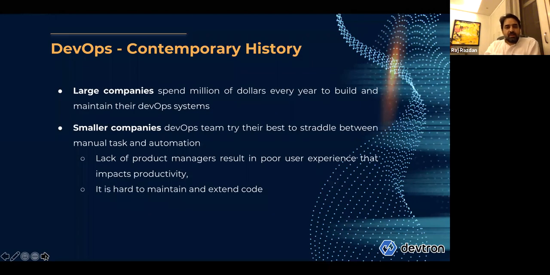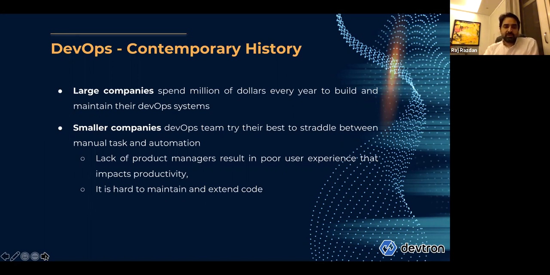Now, look at the contemporary side of DevOps. Large companies began to realize that they were moving into more cloud or virtualized machines, as well as more remote working. So large companies spend millions of dollars every year to build and maintain their DevOps system.